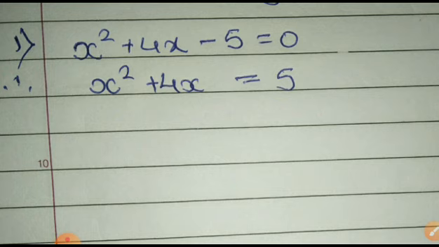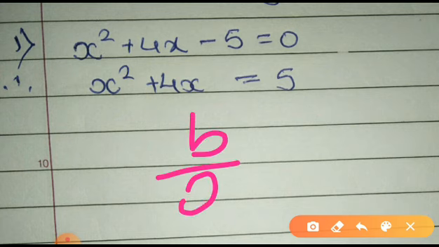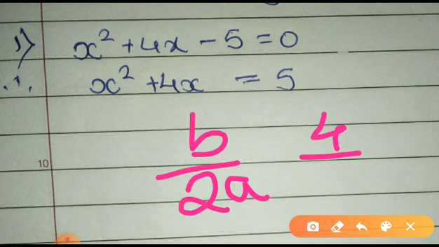Now next, you have to find the value of b by 2a. Now a will be 1, no problem. So what is b here? 4 by 2 into 1. A is the coefficient of x square. B is the coefficient of x, when we compare with ax square plus bx plus c equal to 0.